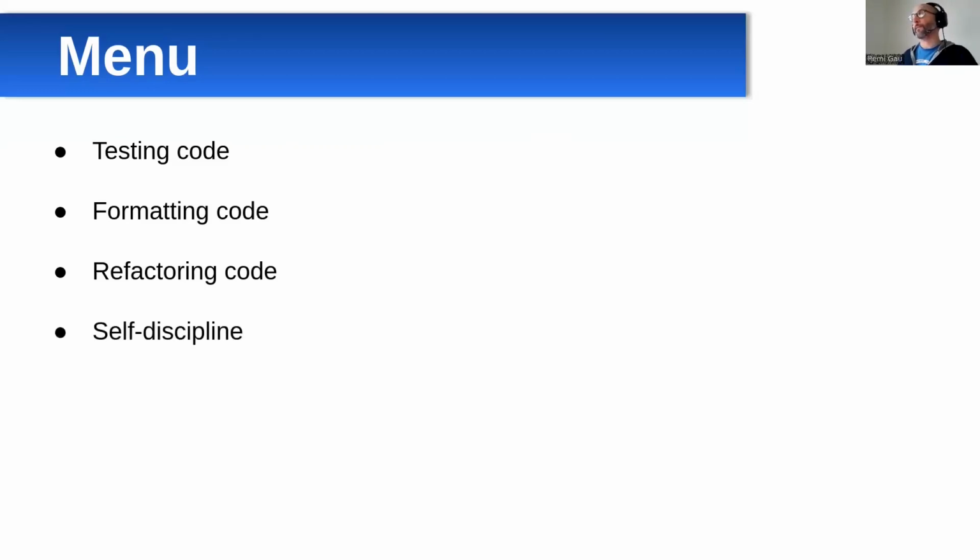Then I'm going to try to give you a whole bunch of tips on how to get better self-discipline to apply those rules in a systematic manner. No, actually, I'm not going to do that.